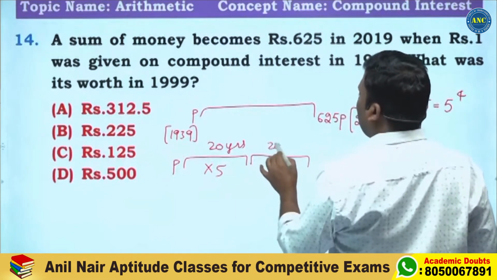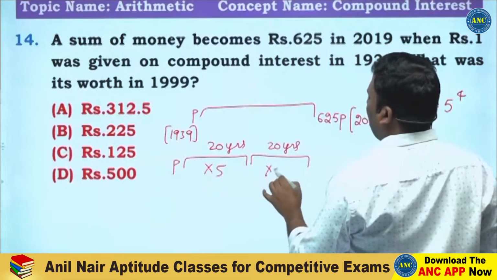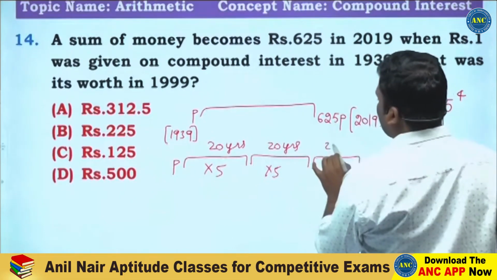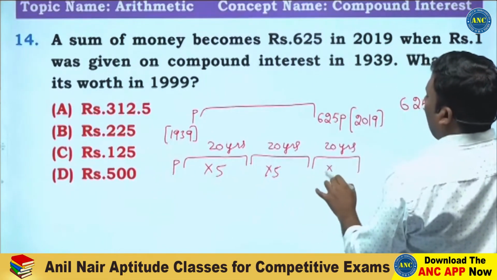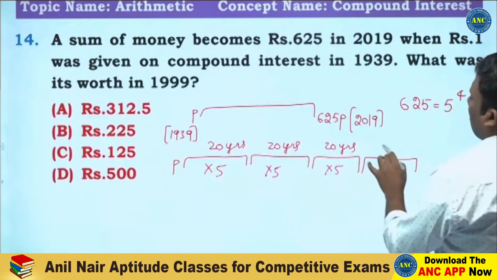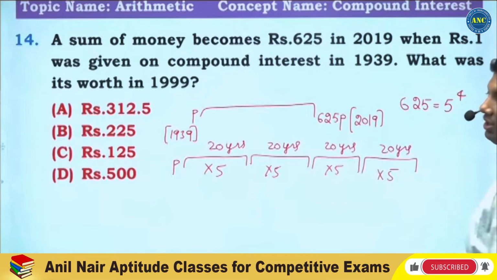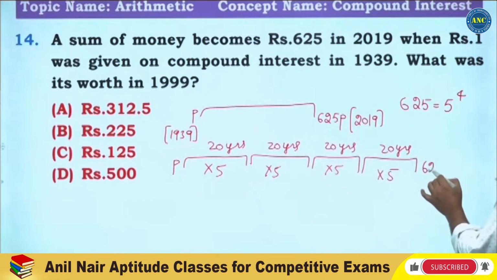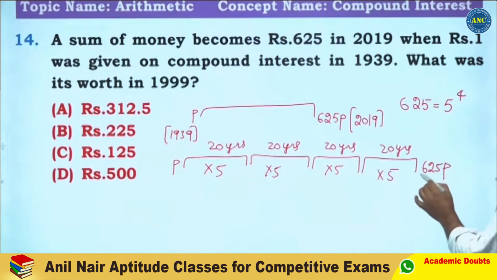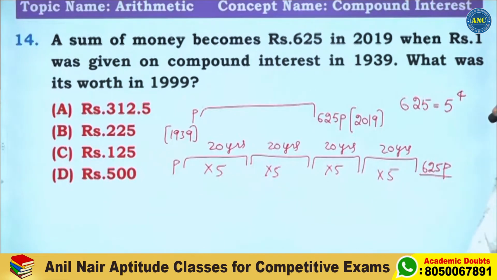Again after 20 years, into 5, again after 20 years, into 5, and again into 5. That means after 80 years, it will be 625P. I hope this idea is clear.